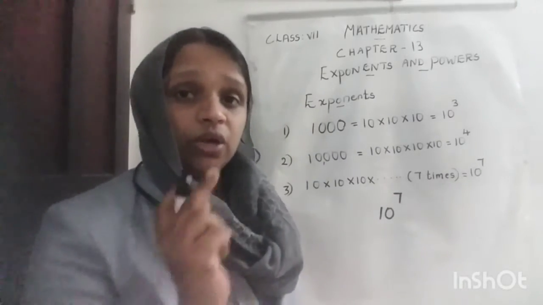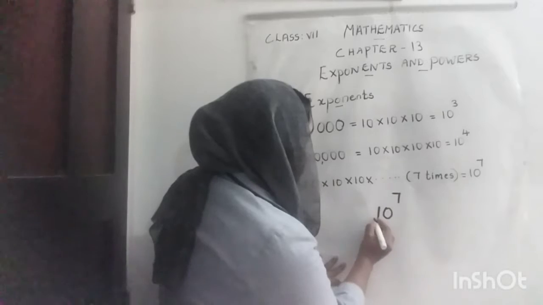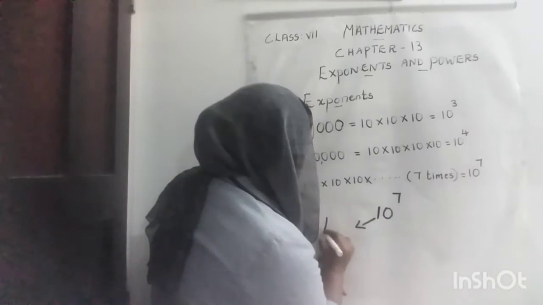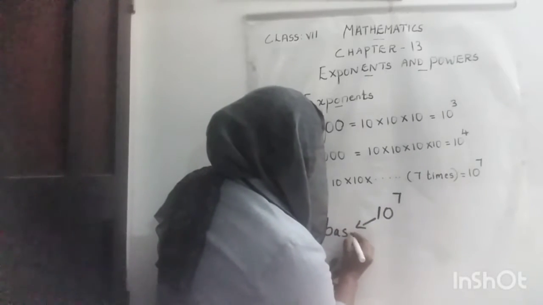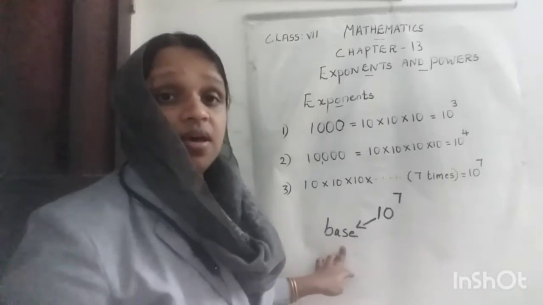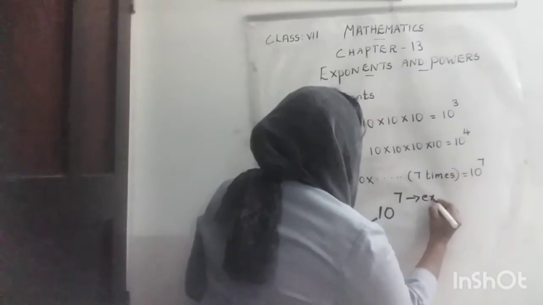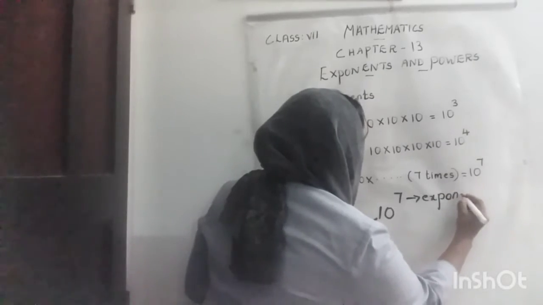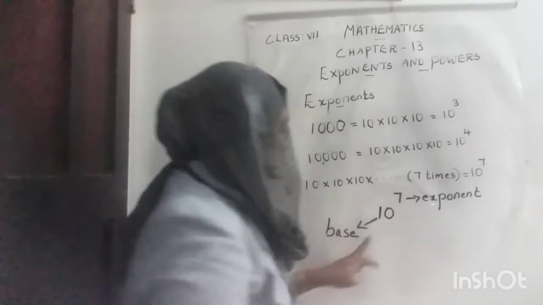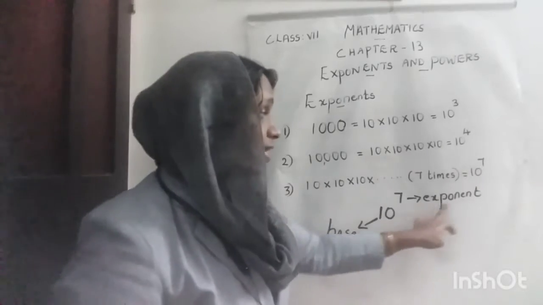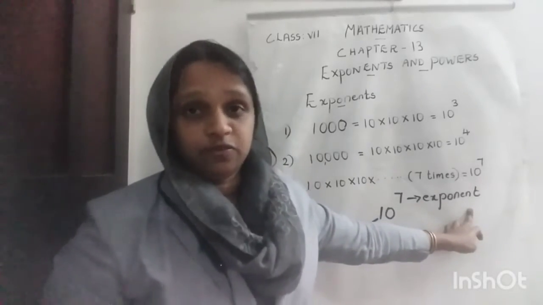Now this 10 we call the base, and the 7 we call the exponent.